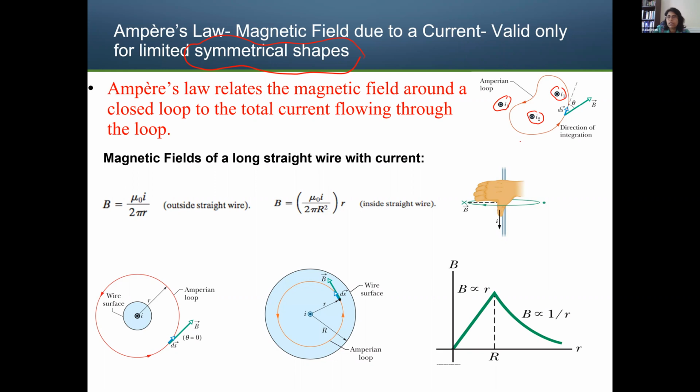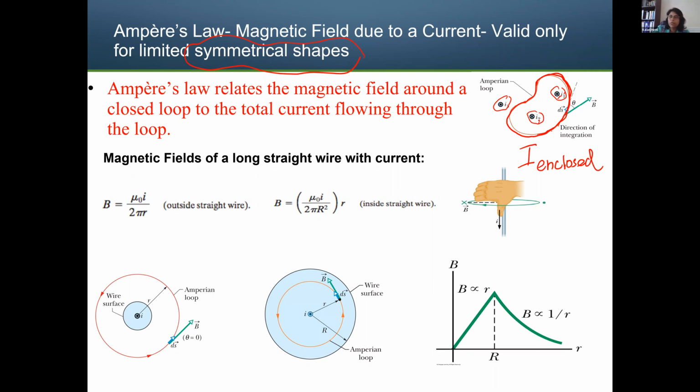If I choose my Ampere loop, this is called an Ampere loop, and I know the total current inside, that is called I enclosed. In this case, it is actually I1 minus I2, because I1 is going outward, I2 is going inward. Then you have basically the difference between these two. For I enclosed, you need to think about what the current inside is.